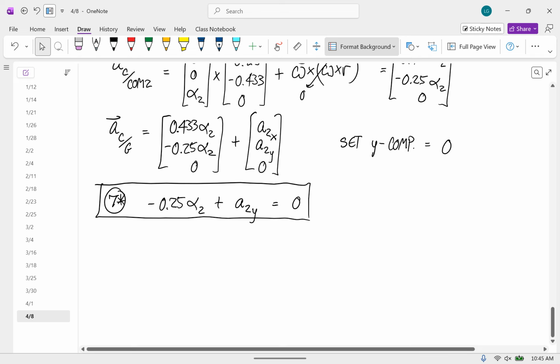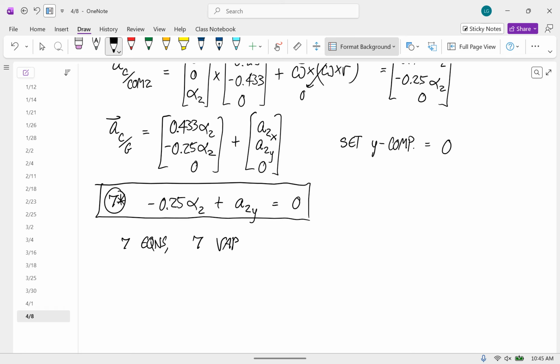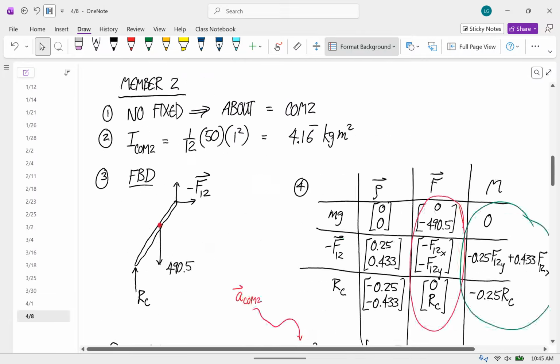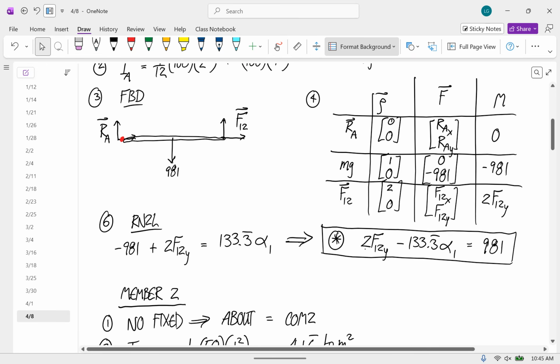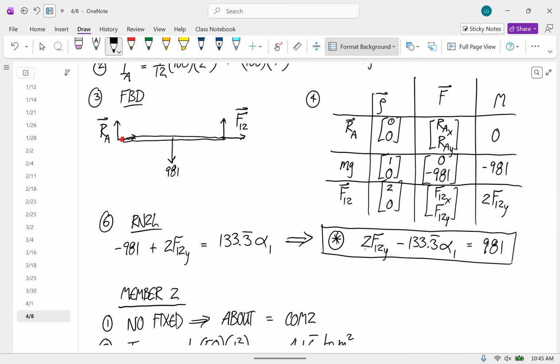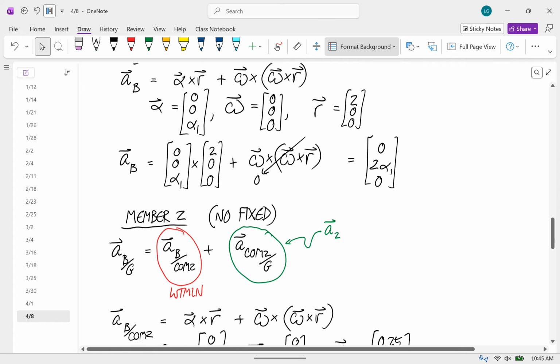Okay, and our variables, we have 7 equations. Hopefully we have 7 variables. And those are the variables that we have are, don't look at the free body diagrams, look at the equations. If you look at the free body diagrams, the first variable you think we have is R, RAX and RAY. But if you look through the equations, those never show up. So that's not part of our system, okay? If we wanted, we could calculate those later, but those aren't part of our system.